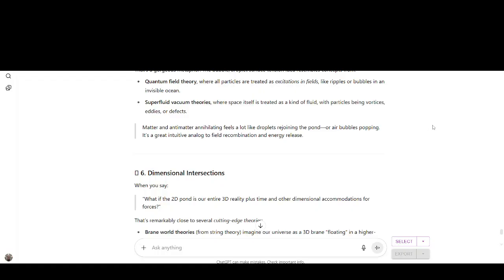Superfluid vacuum theories. So, real quick, another thing with the bubble droplet idea is the bubbles and droplets don't necessarily need to be bubbles and droplets. They could be peaks and valleys. I guess the one reason I liked the idea of bubbles and droplets is that the bubbles actually rip off and become something you can see from all three sides.